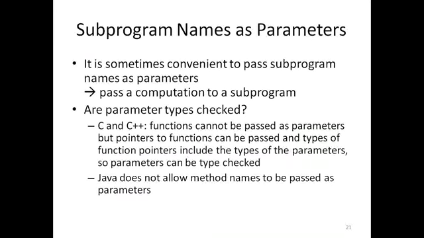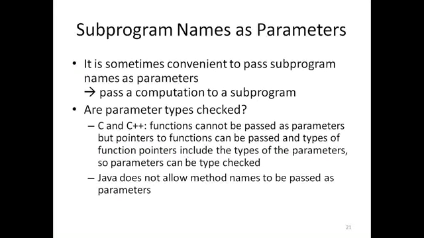Going back to history, early Pascal and Fortran 77 do not. Later versions of Pascal, Modula-2, and Fortran 90 do type checking. Ada does not allow subprogram parameters. C and C++ pass pointers to functions, and parameters can be type checked.